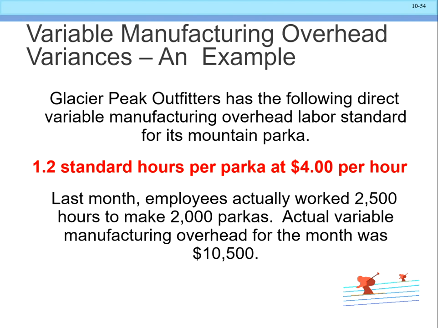So the approach to calculate this variance is exactly the same as calculating for labor. Just go back to the labor variance and you will be able to understand, because it's exactly the same information, only that the rate per hour is now 4 here budgeted, and the other one was 5, but the approach is exactly the same.